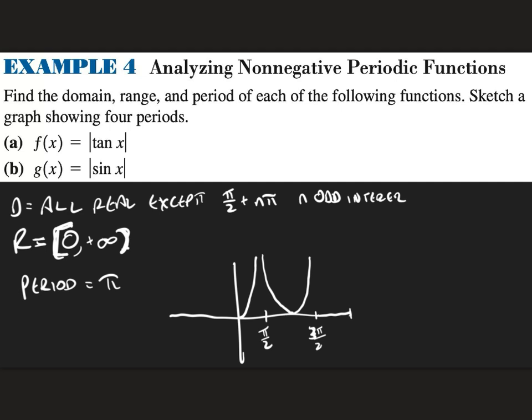And then at 2 pi, you're coming back down again. And these are asymptotes at every odd pi over 2. And this goes back up to negative pi over 2.